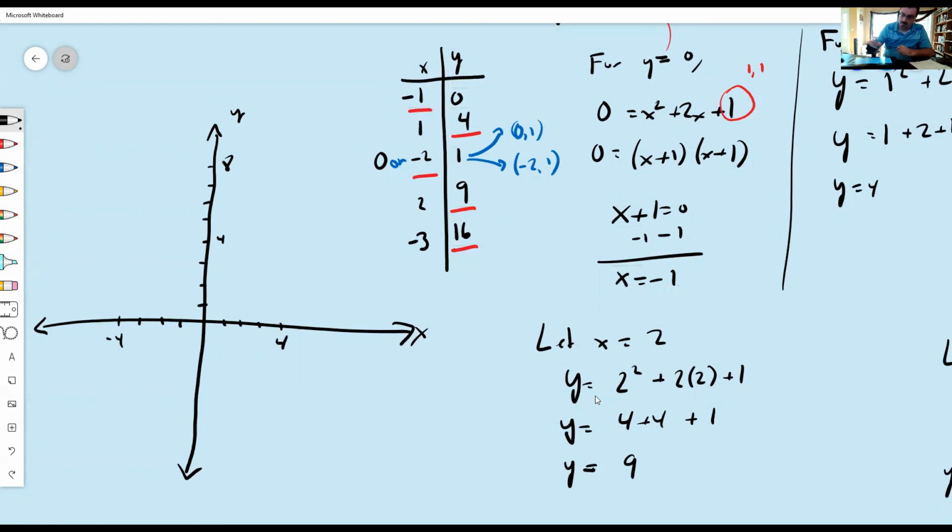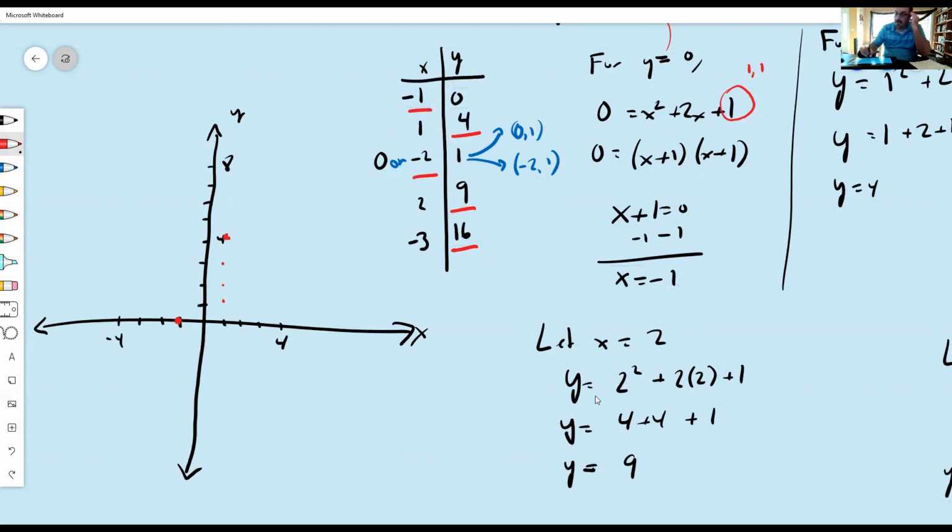All right, let's plot some points. The first point is minus 1, 0. So I'm going to go left and not go up or down. So minus 1, 0 is right here. 1, 4. So I'm going to go right 1, up 1, 2, 3, 4.